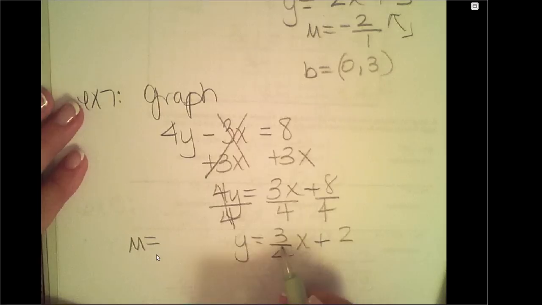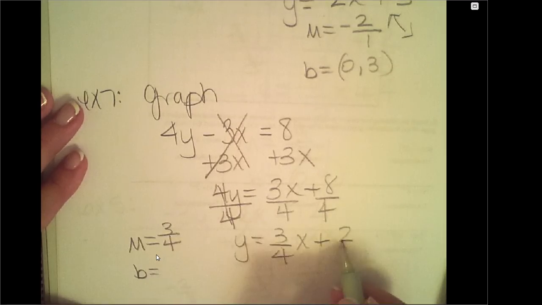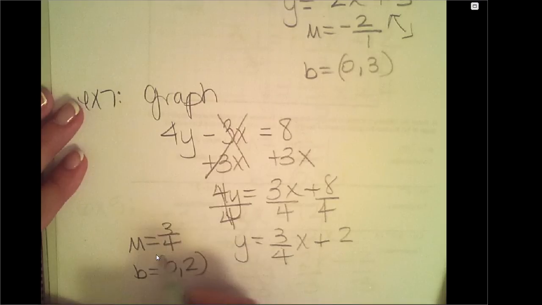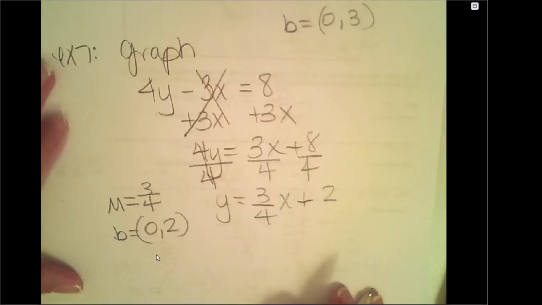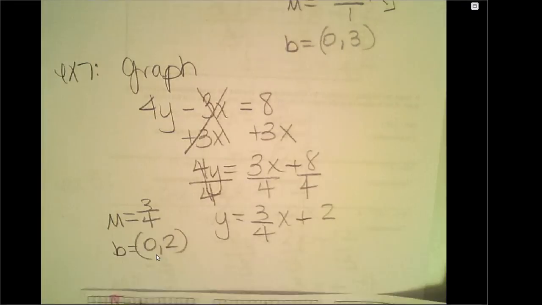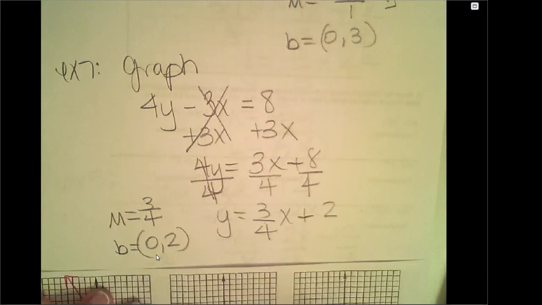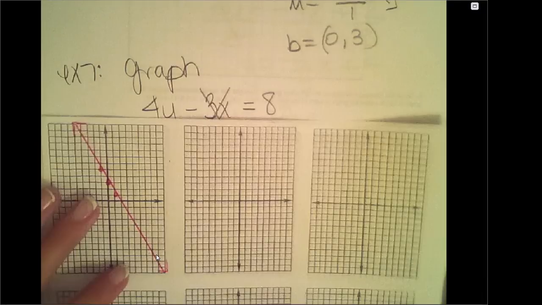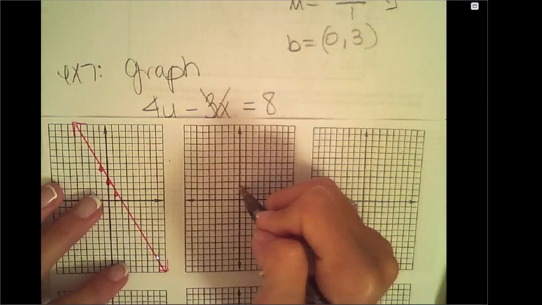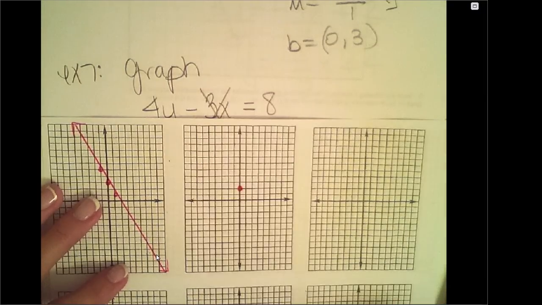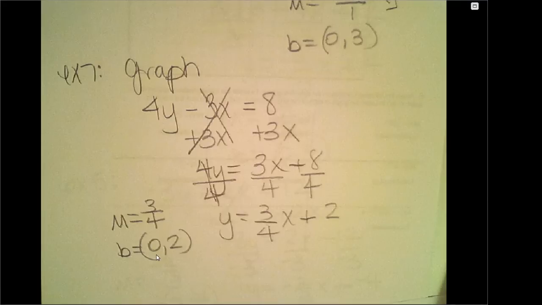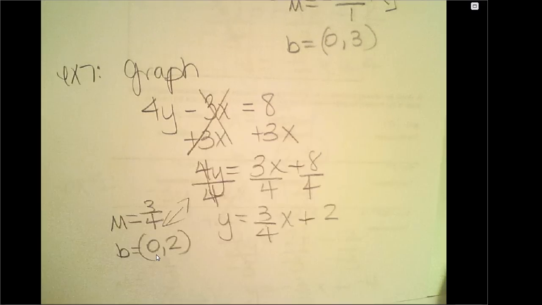My slope is 3/4, it's your coefficient of x, and your y-intercept is your constant, written as an ordered pair. So now when I graph this, my y-intercept was (0, 2), and my slope was 3/4. We know it's positive, so it should look like that.